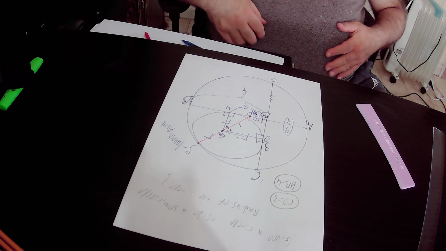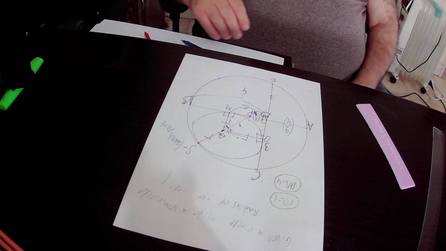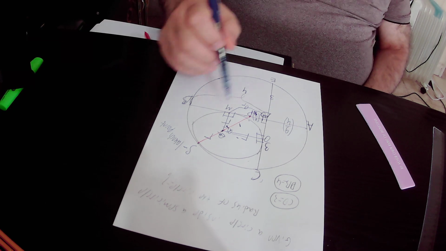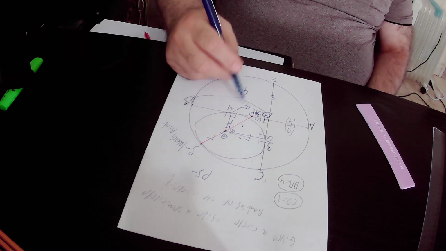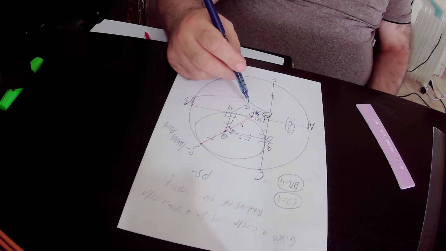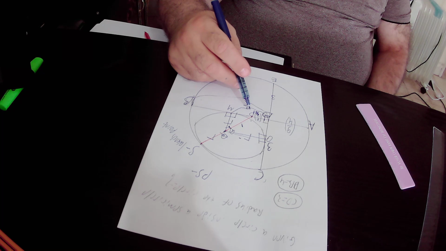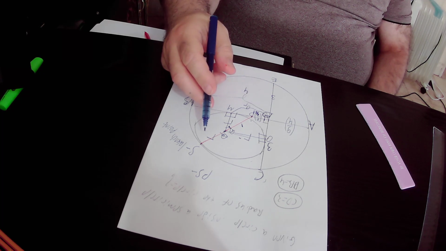And what is the definition of line segment PS? P is the center of the big circle. S is the point on the big circle itself.